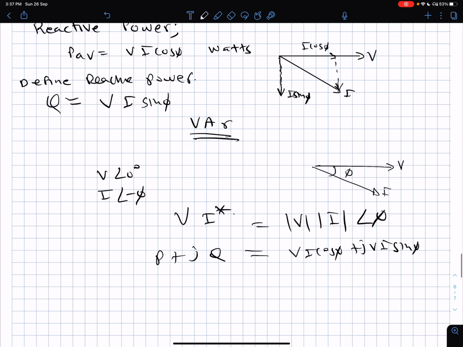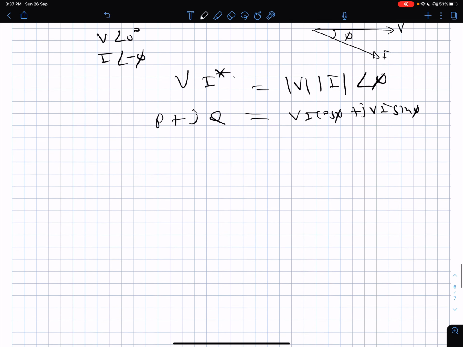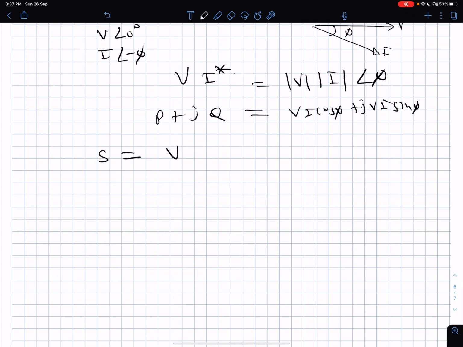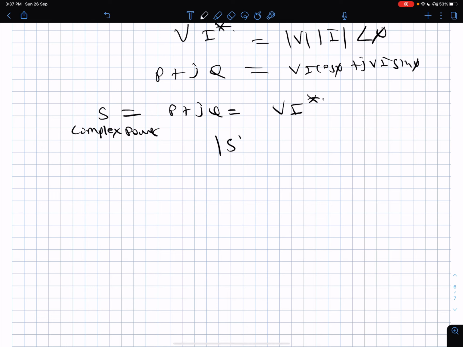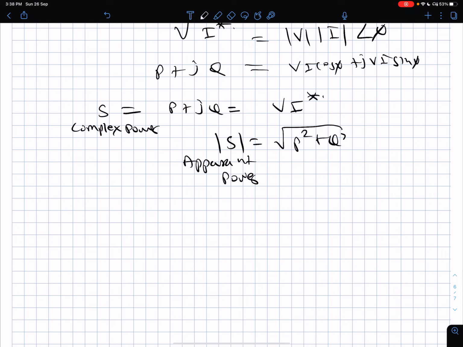So what I am trying to say is that we can define a complex power S, which is equal to P plus jQ, is equal to VI star, and apparent power as square root of P square plus Q square under root, its unit being volt amperes.